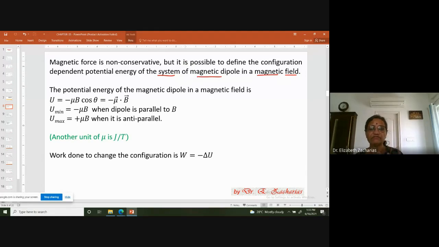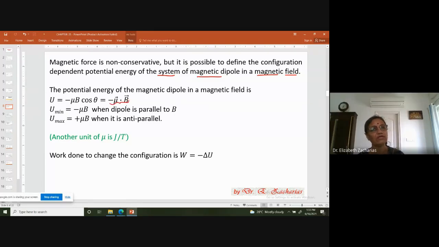We call it a conservative system simply because the behavior of the system depends on the configuration, meaning the behavior of the system is going to be dependent on the angle between the dipole moment and the magnetic field. Whenever a system is configuration dependent, we say that it can be treated as a conservative system, and you can talk about a potential energy. So the potential energy was defined as minus mu dot B.